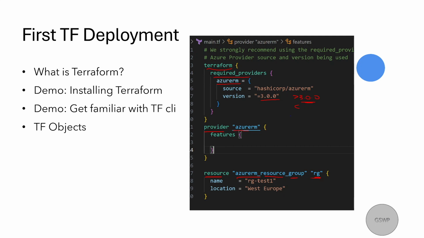And then what is the name of this resource group? I want to create a resource group with the name rg-test1. And what is the location? I want to create it in West Europe. So these are the basic objects which we use when we create a resource using Terraform.